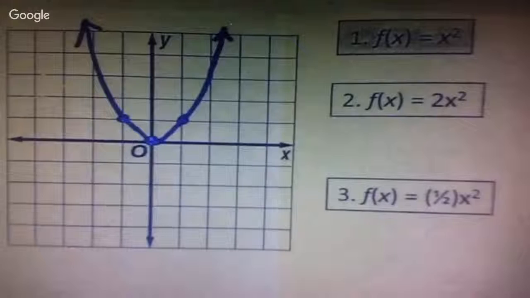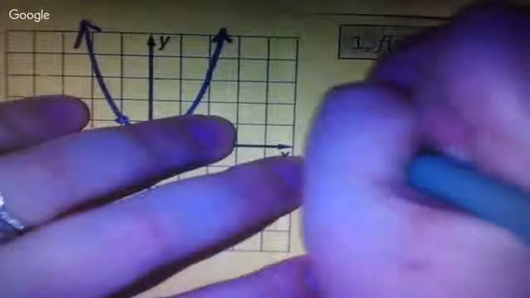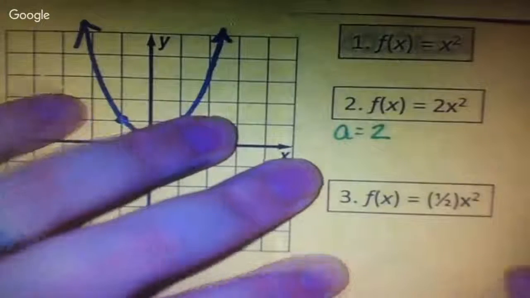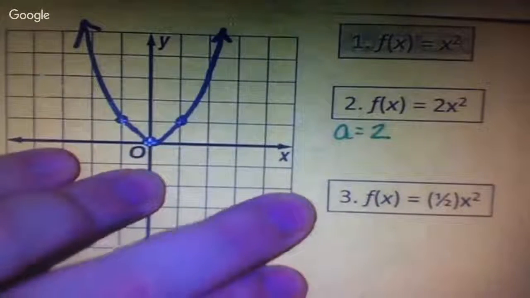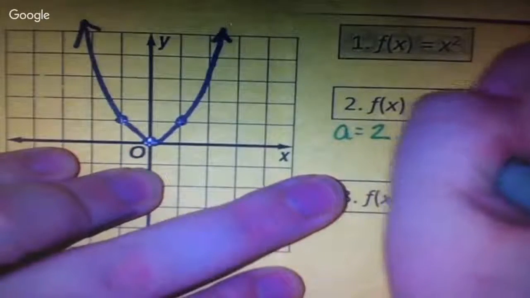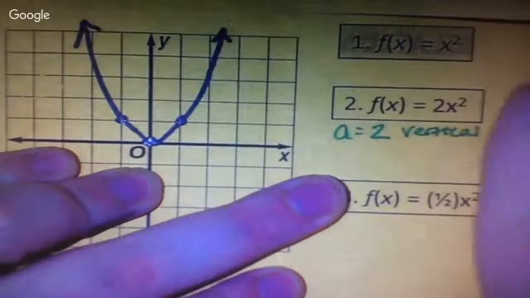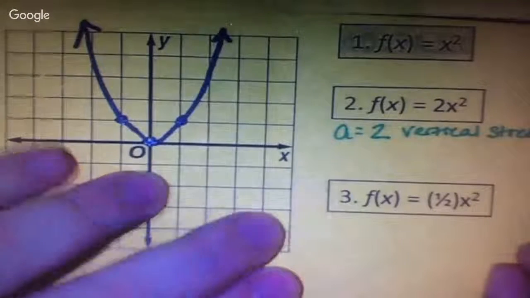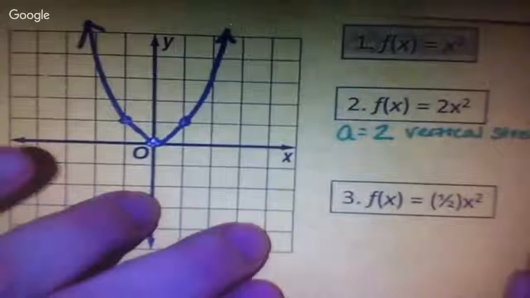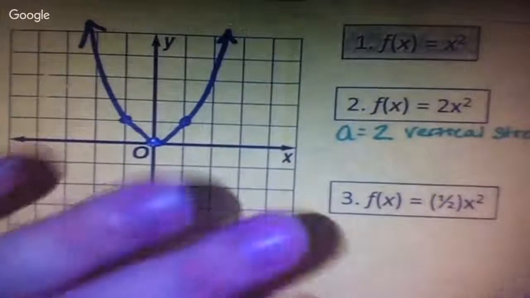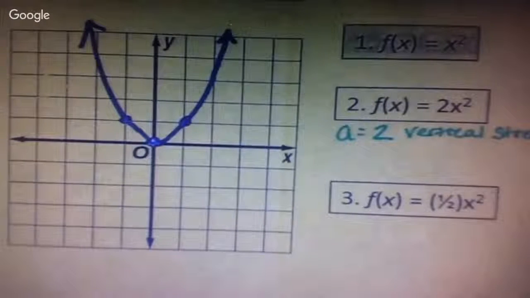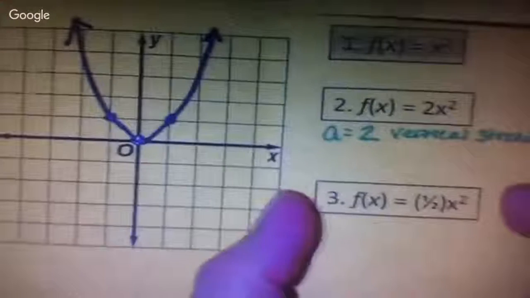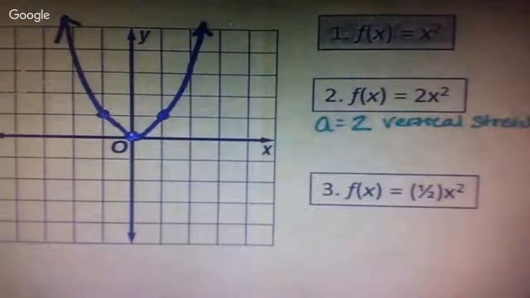Squared. What is my A value? 2. A is 2. So that means we've got a vertical stretch. What is that? Okay, so first off, is it inside the parentheses?